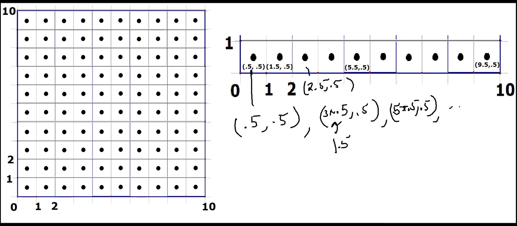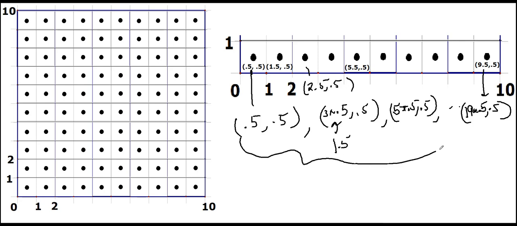All right, and going in this manner, what do you notice here? This is 19 times 0.5 and then 0.5. So in other words, the way this first coordinate is changing is that it goes in the odd multiples of 0.5, where n is ranging from where to where? 0, 1, 2, and all the way up to how much? 9, right?